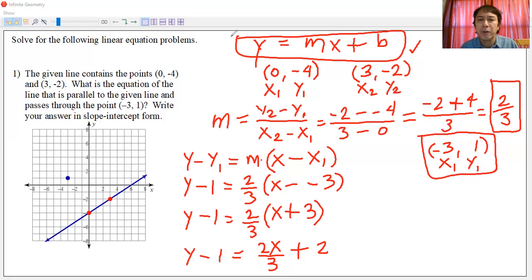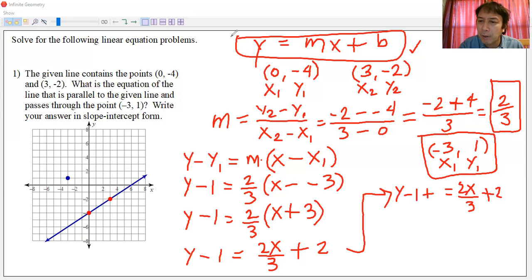To continue, we will just add 1 to both sides. So y minus 1 equals 2x over 3 plus 2; we add 1 here and we add 1 here.